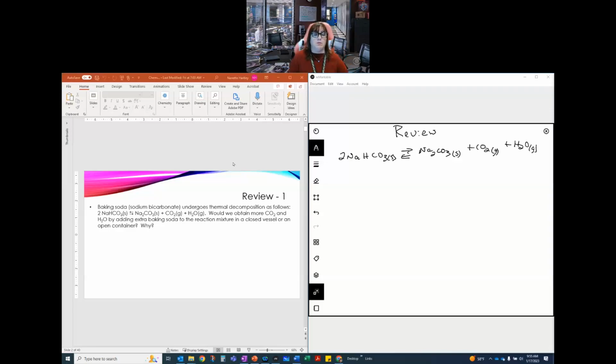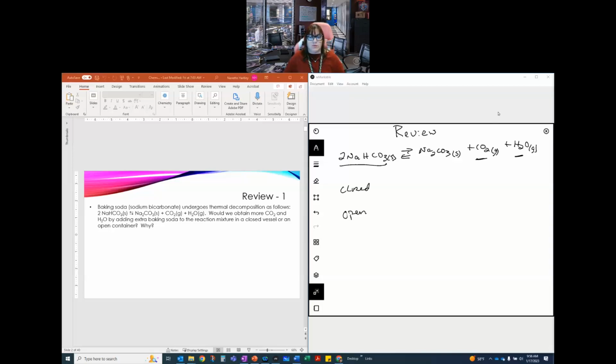And they've asked me, would I be able to get more CO2 and more H2O by adding extra baking soda in a closed vessel or an open one? And why? Okay, so there are a couple of things that I know from looking at this. Based on Le Chatelier's principle, in theory, if I add more baking soda, I should be able to drive this reaction forward, and I should be able to get more of the products.